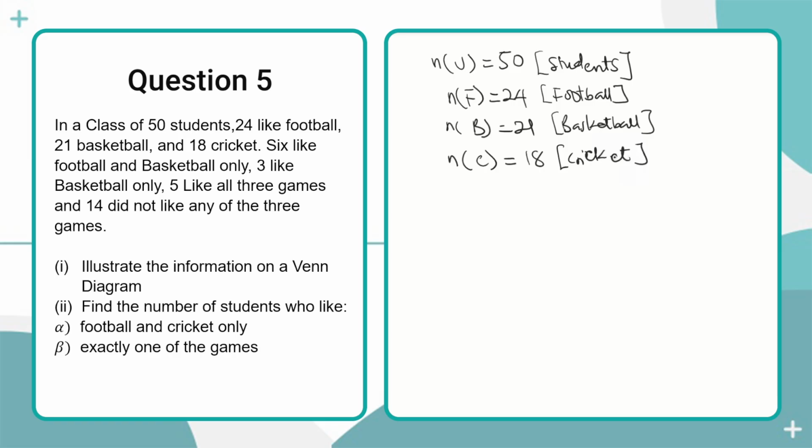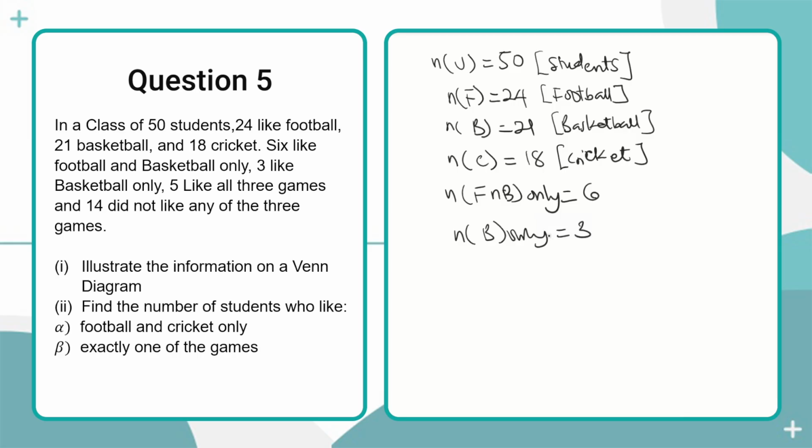Now the question also says that 6 like football and basketball only. So F intersection B only is equal to 6, right? And then it also says that 3 like basketball only. So basketball only is equal to 3.